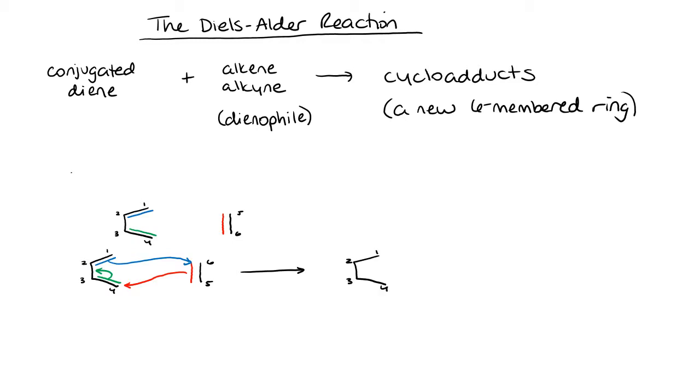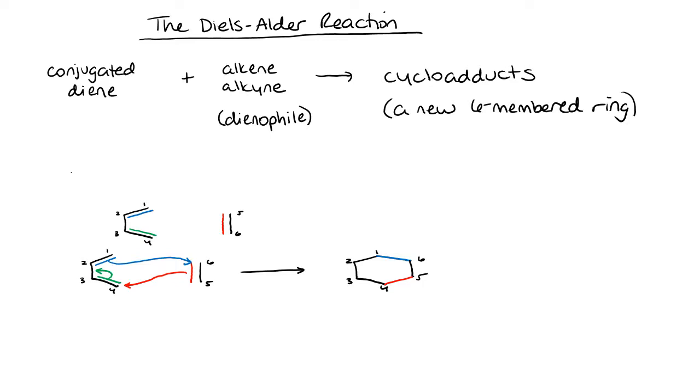So we have carbons 1, 2, 3, and 4. Our blue pi electrons have just formed a sigma bond between carbon 1 and 6. Our red pi electrons have just formed a sigma bond between carbon 4 and 5.